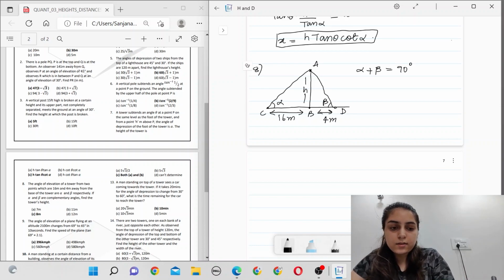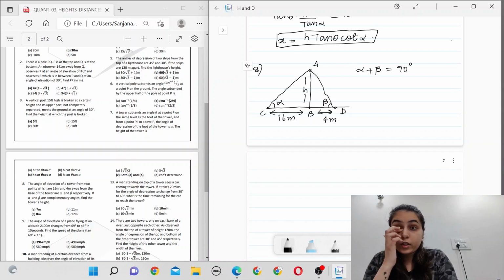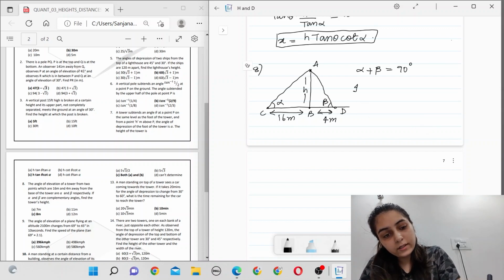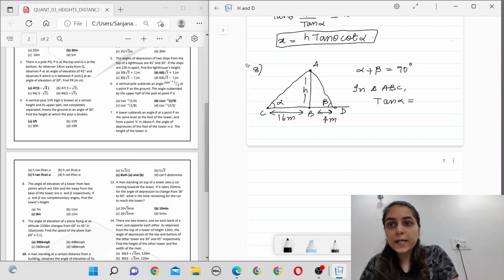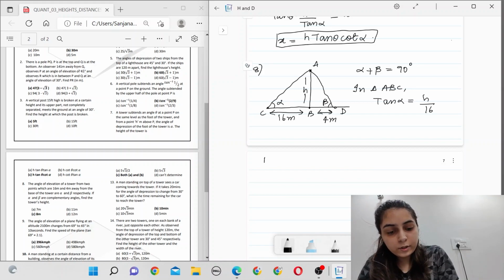So let's just continue with our routine and apply the trigonometric ratios. So in triangle ABC, tan alpha is equal to opposite side by adjacent side, so h by 16. And in triangle ABD, tan beta is equal to h by 4.